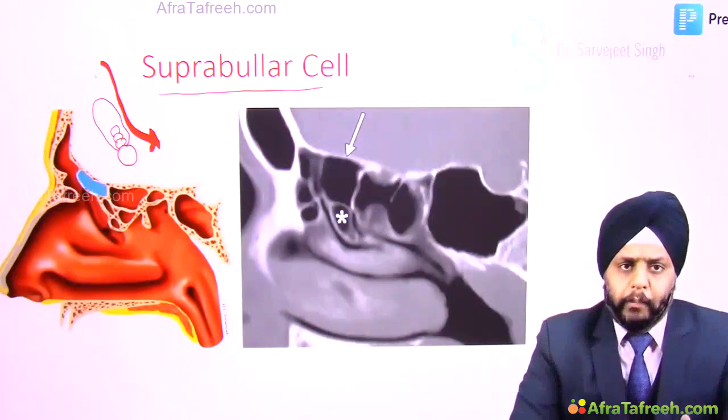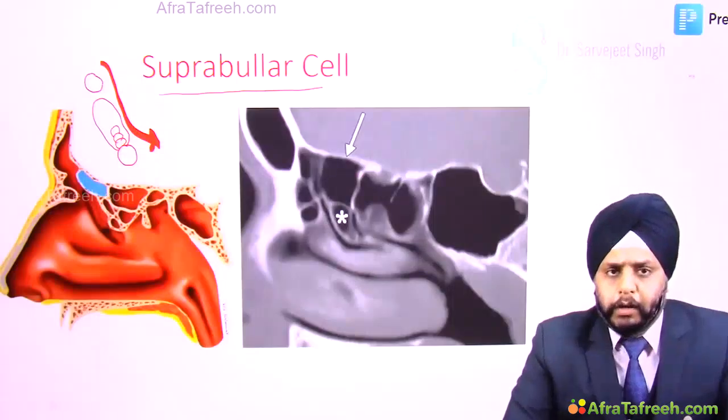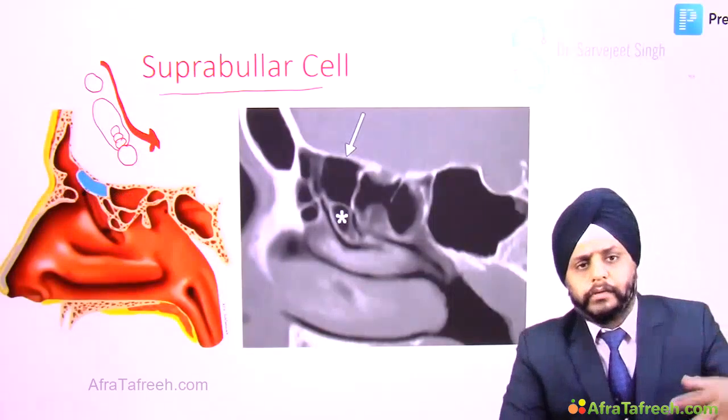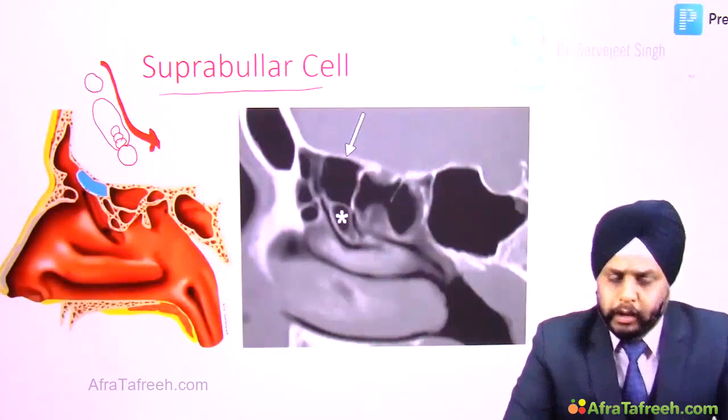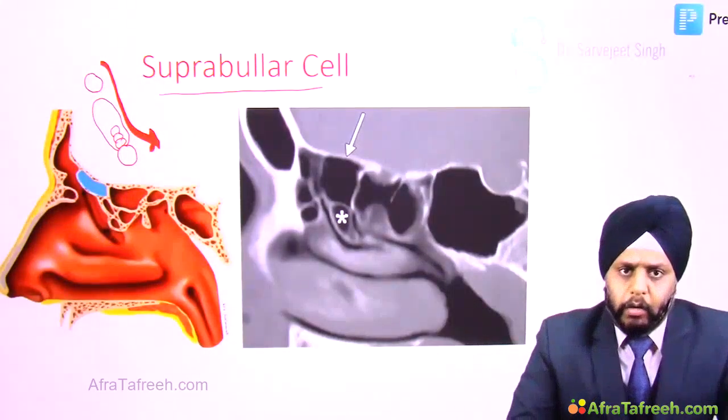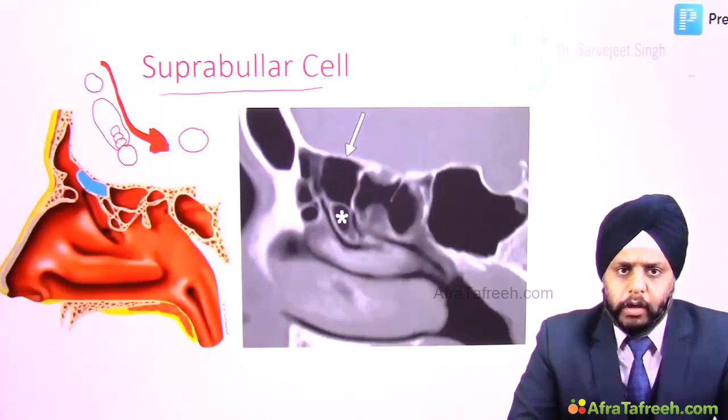And this cell may separate out from the ethmoidal system, and that is known as the Lothrop cell or the satellite cell. Now the drainage is over here, anterior to the bulla ethmoidalis. So drainage is over here.